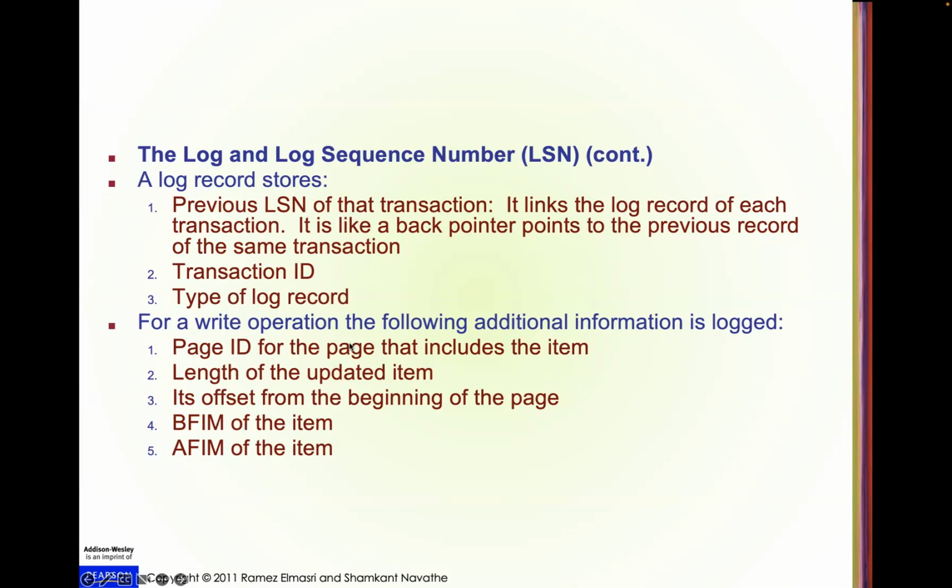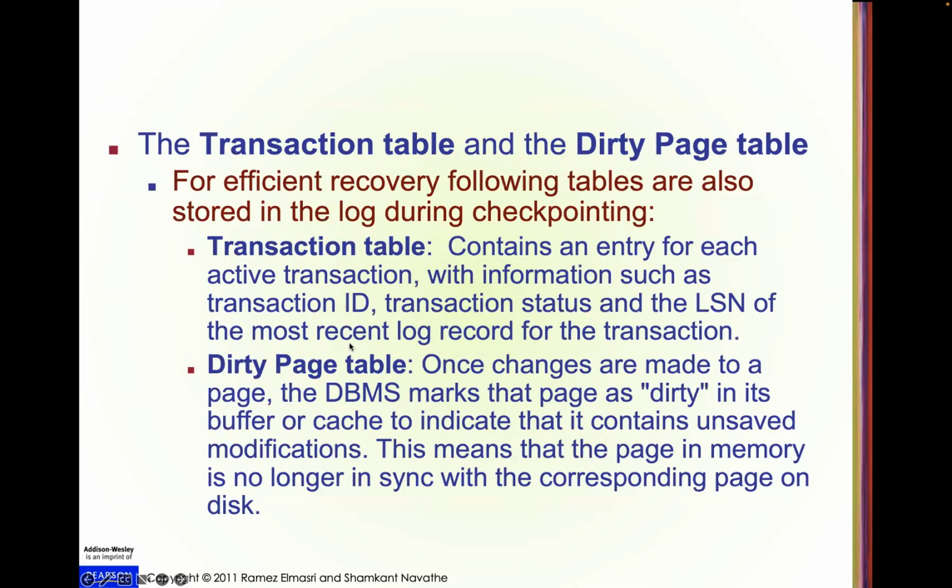Now let's proceed further. Now let us understand what a transaction table and a dirty page table are. We know that ARIES makes use of the transaction table and dirty page table to perform the analysis phase, identifying the transactions that have been committed and the transactions that were active and not committed.